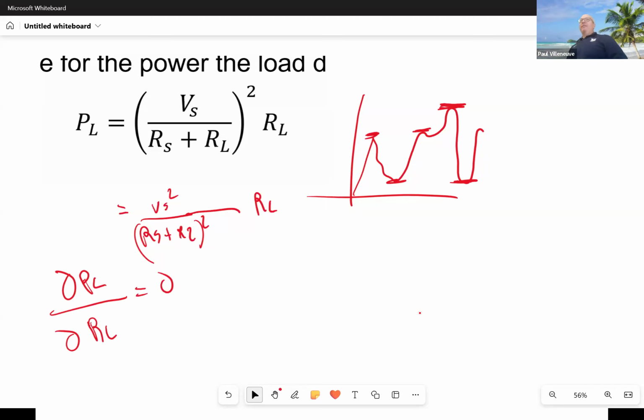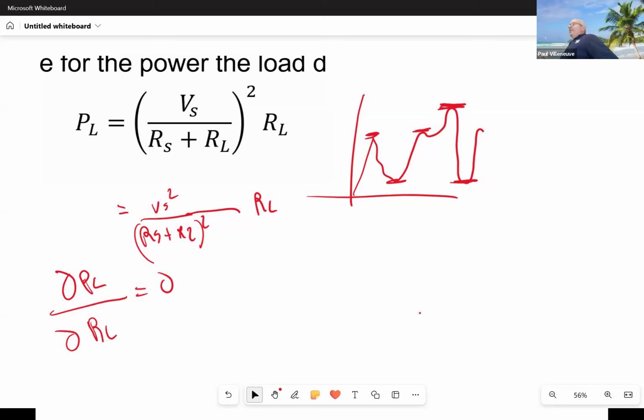Everybody know what partial derivative means? Anybody know what it means? It's really unfortunate, and this is not a blaming thing on our math department, but in engineering, we use the term partial derivative a lot. Because you're trying to see the change of something relative to one variable or one parameter being allowed to change.